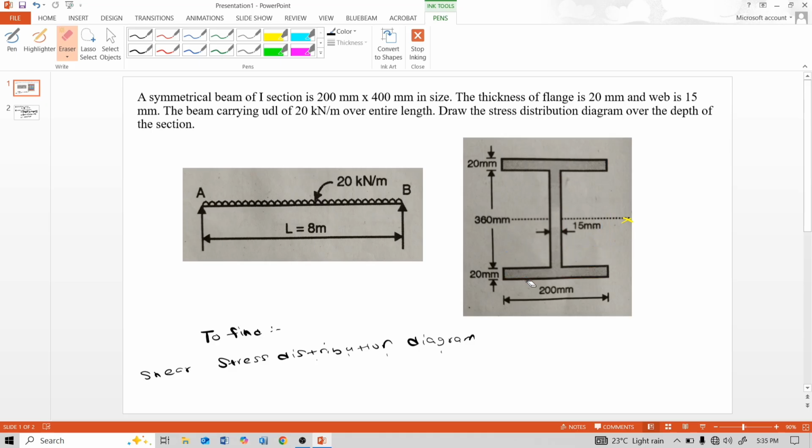Our problem statement is to find shear stresses. So first find the shear stress at this junction between web and flange. For finding shear stress, we use the formula tau is equal to SAY upon BI.